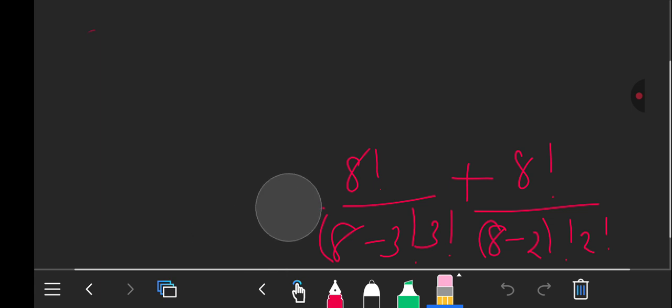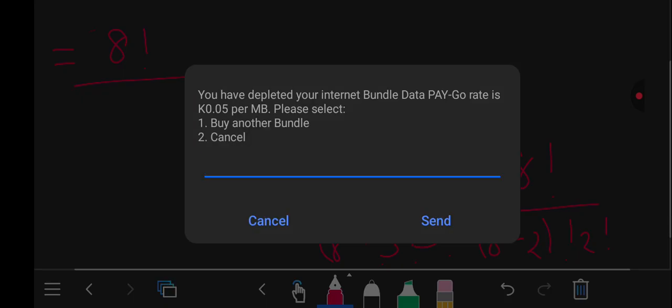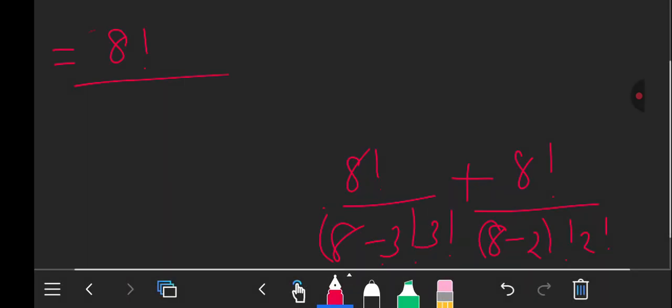Alright, so what we have will be equal to 8 factorial over 8 minus 3, which is 5, so 5 factorial, then multiplied by 3 factorial, plus 8 factorial over 8 minus 2, that is 6, so 6 factorial, then 2 factorial.